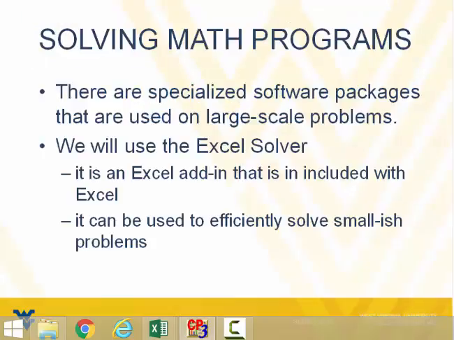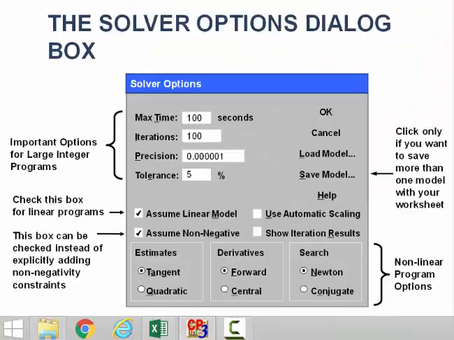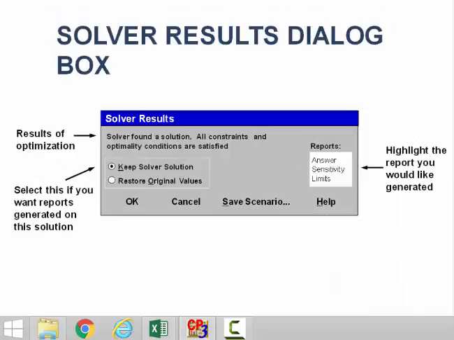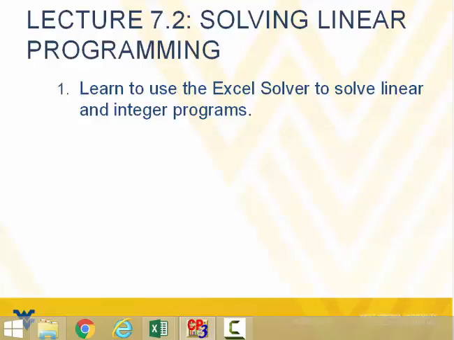So in your notes, I've given you examples of screenshots that we're going to follow through right now. If you want, you can go to eCampus and download the Excel solver file so that you can reference it.